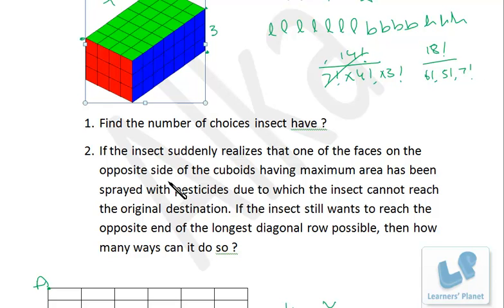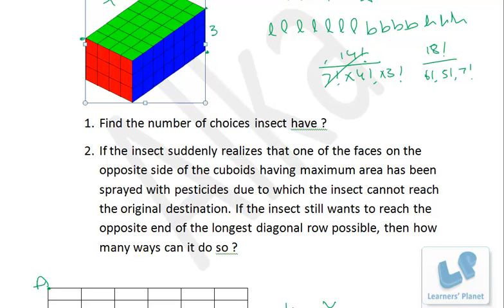Now the second question, let me extend it. If the insect suddenly realizes that one of the faces on the opposite side of the cuboid having maximum area has been sprayed with pesticide, due to which the insect cannot reach the original destination, and if the insect still wants to reach the opposite end of the longest diagonal possible, then in how many ways can it do so?